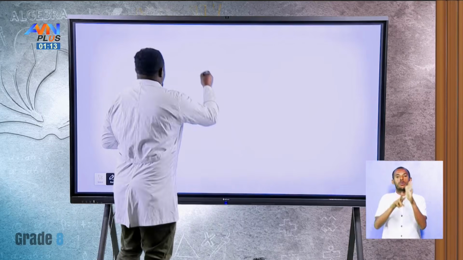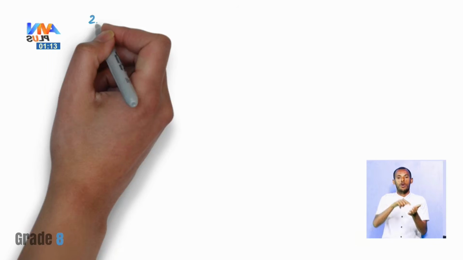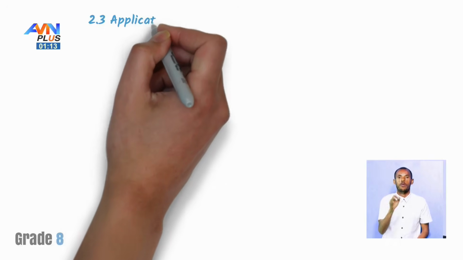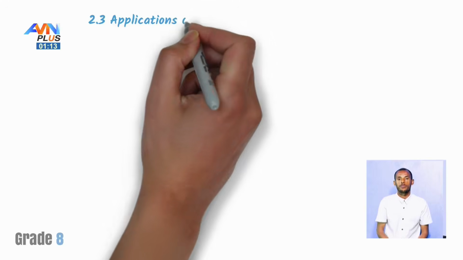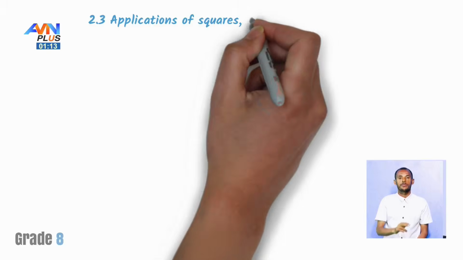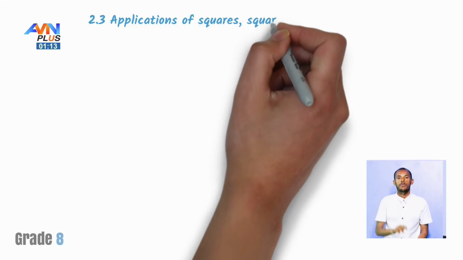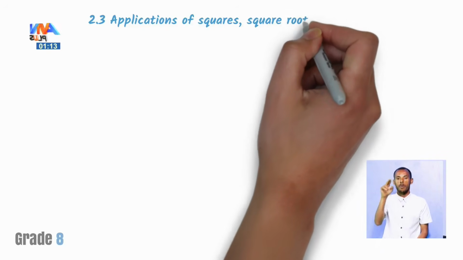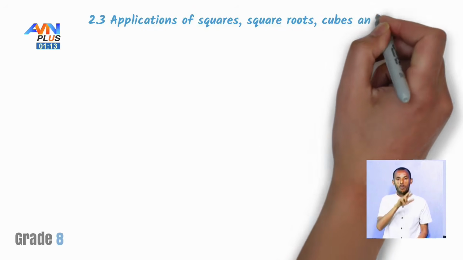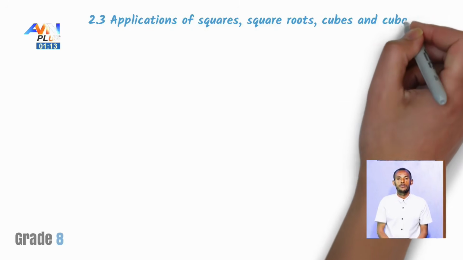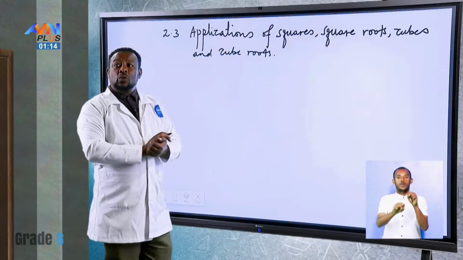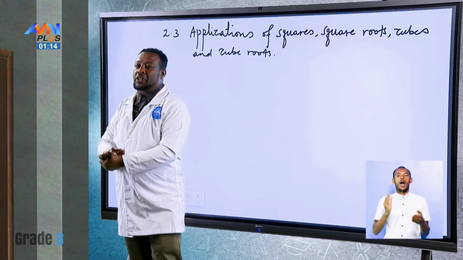Okay, so 2.3 is about applications of squares, square roots, cubes, and cube roots. So this will be our point of discussion for today.